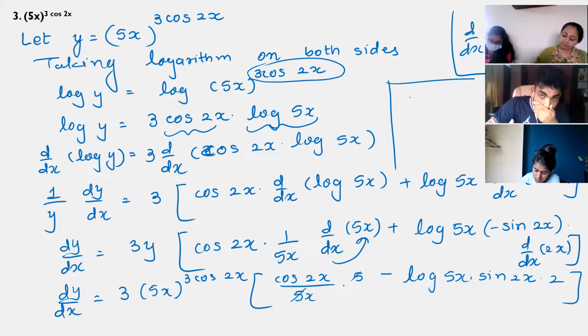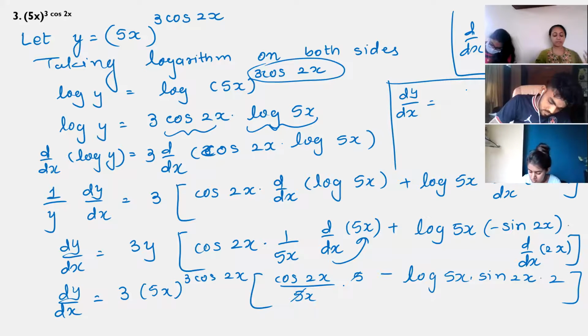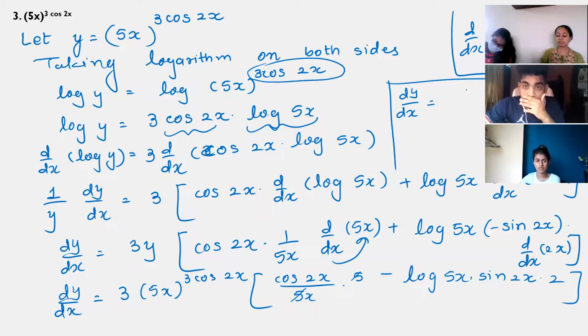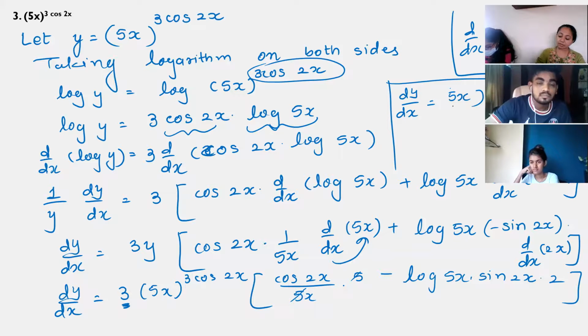And the answer is mentioned here: dy by dx is equal to, I can take 3 inside or 3 outside, because just understand this properly. 3 is not having any power. 3 is separate. I can take 3 inside the bracket. Let me keep only 5x to the power 3 cos 2x as it is. Then in the bracket, 3 is going inside.